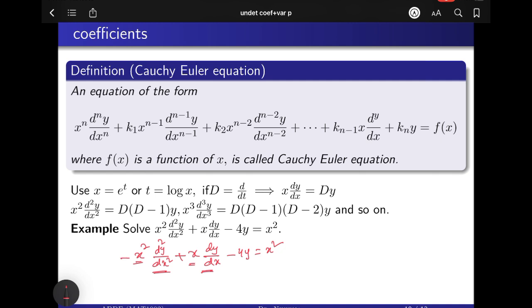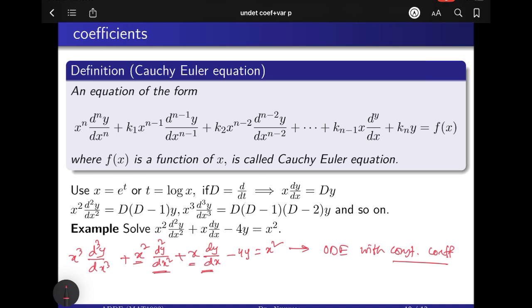Or suppose another term is there, for example x^3 d^3y/dx^3. If we have this type of scenario, this equation can be reduced to an ODE with constant coefficients.